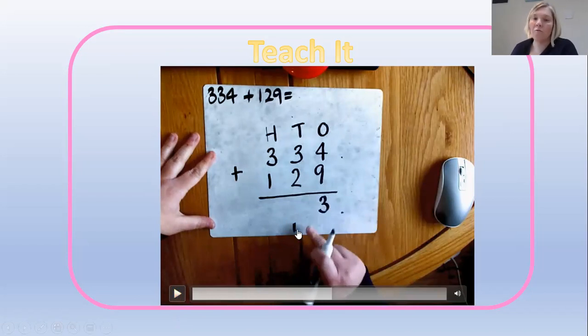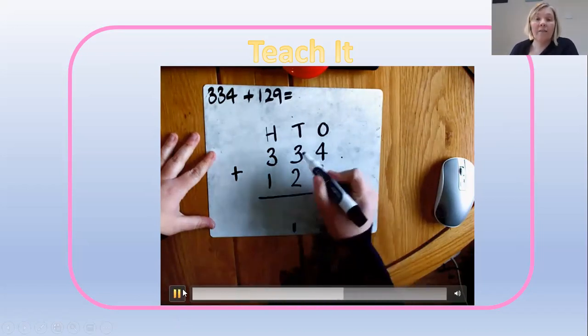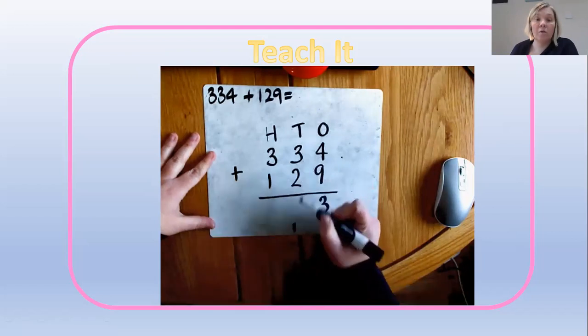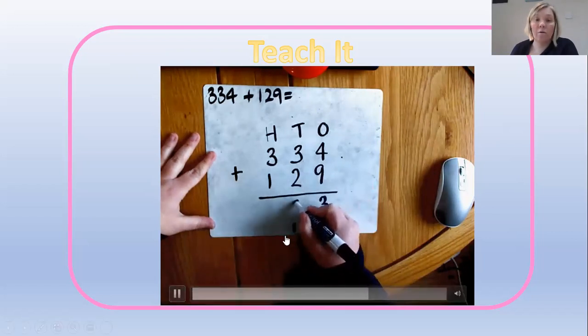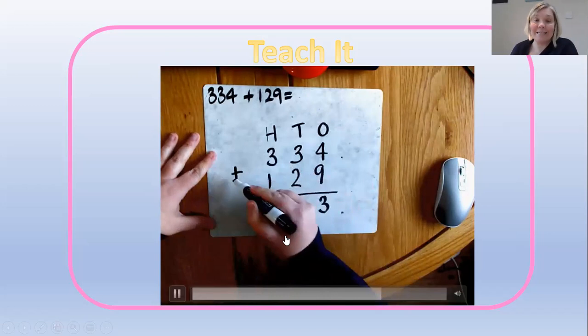Okay, that 1 represents more than 10. That tells me that I've gone over 10 and I've had to exchange that 10 ones for 1 ten. I then add 3 plus 2, add my 1, and that's 6 tens, that's 60.